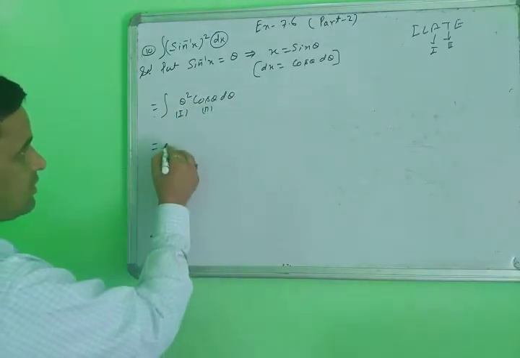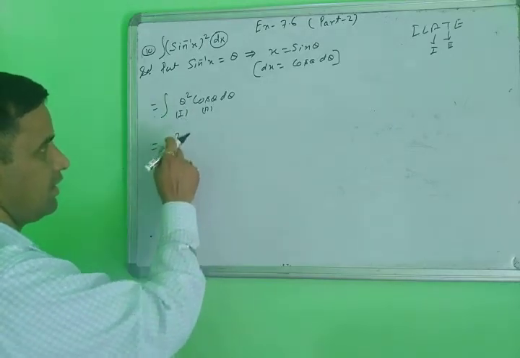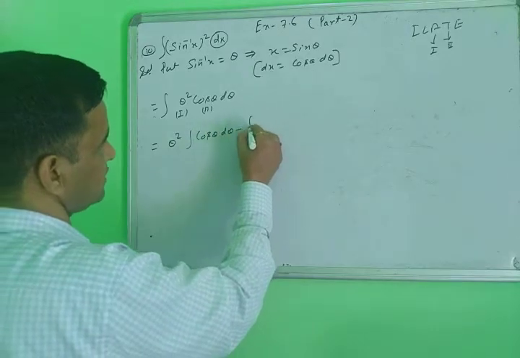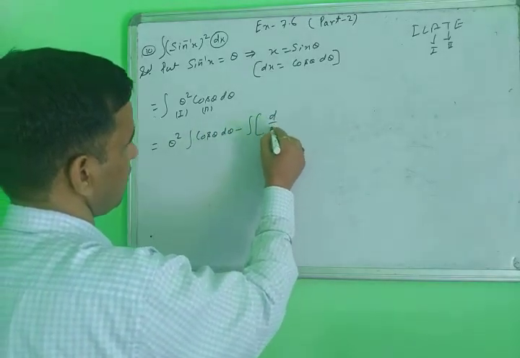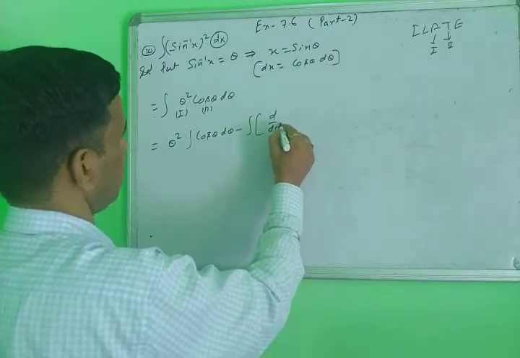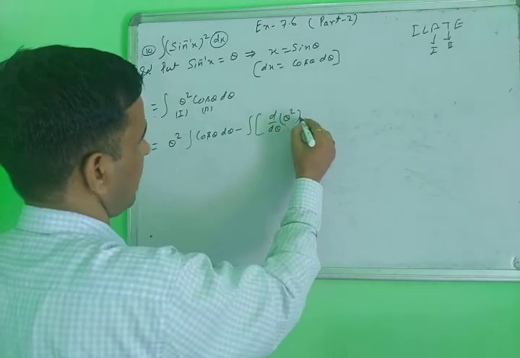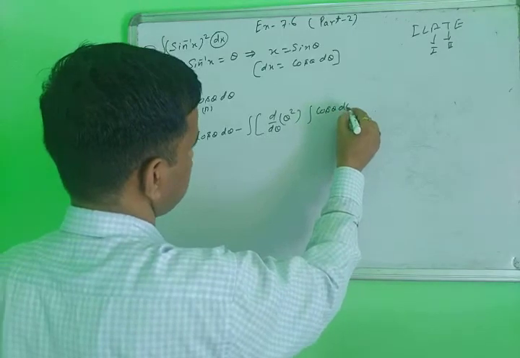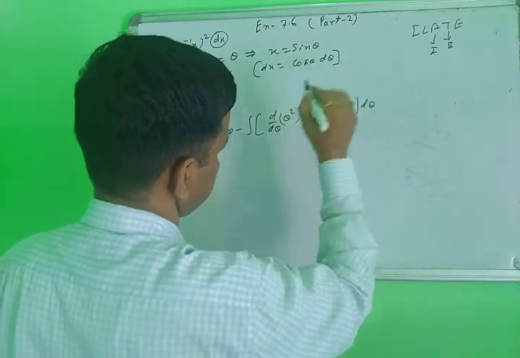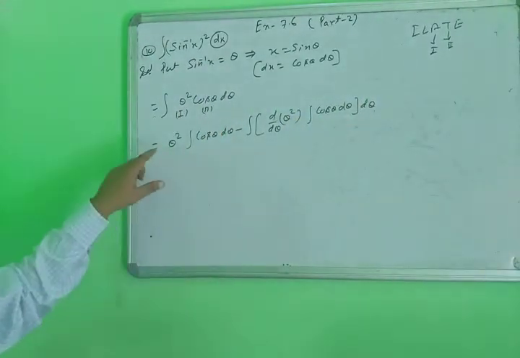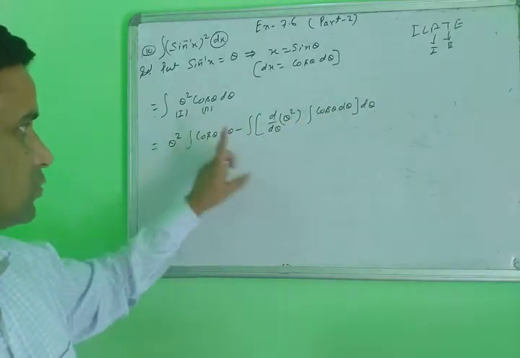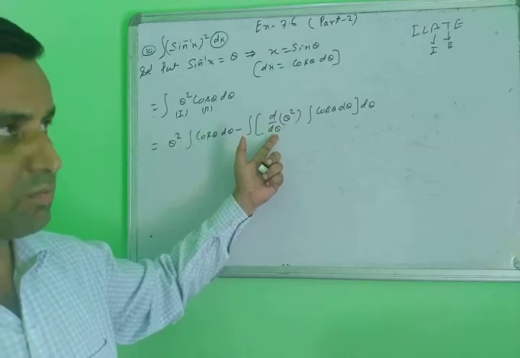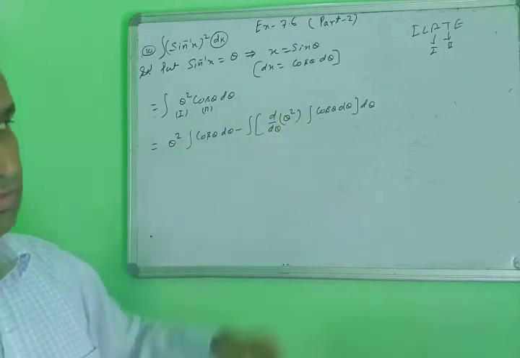First function, integration of the second function, minus integration of d over d theta of theta square and integration of cos theta d theta. According to the by parts rule, you set the first function, integration of the second, minus differentiation of the first function, integration of the second function.